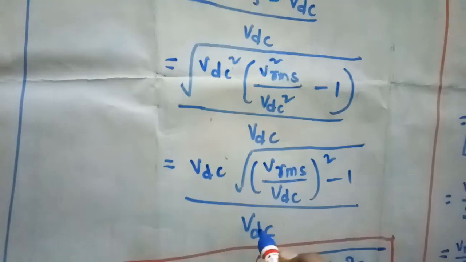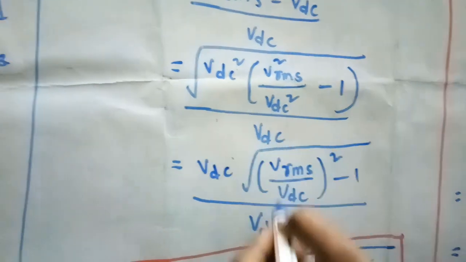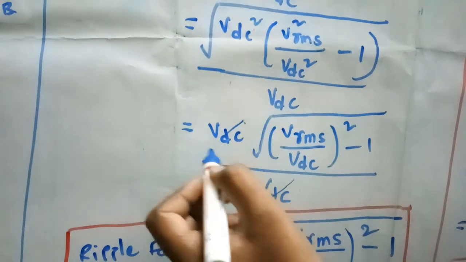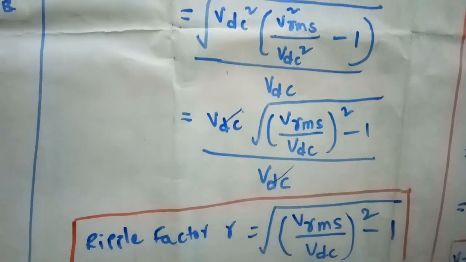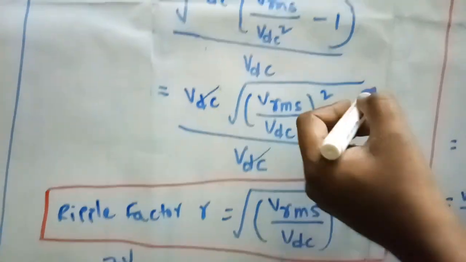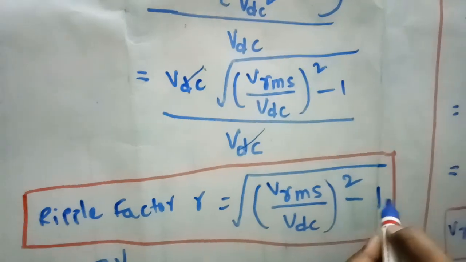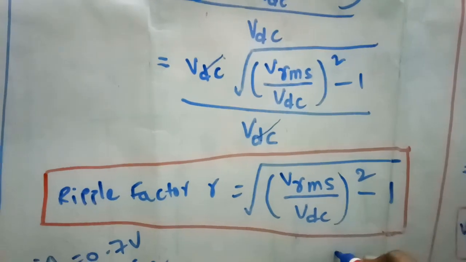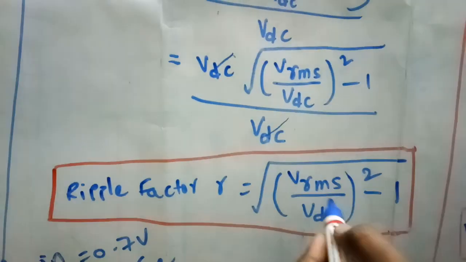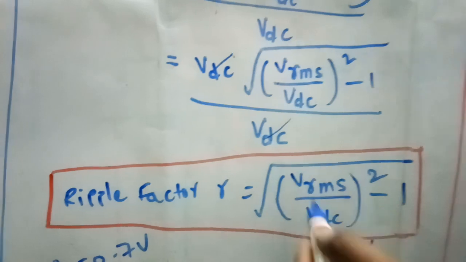So in the numerator we have VDC and in the denominator also we have VDC. Both get cancelled. Then the ripple factor is equal to the square root of VRMS by VDC whole square minus 1. This is the formula for the ripple factor of the half-wave rectifier.